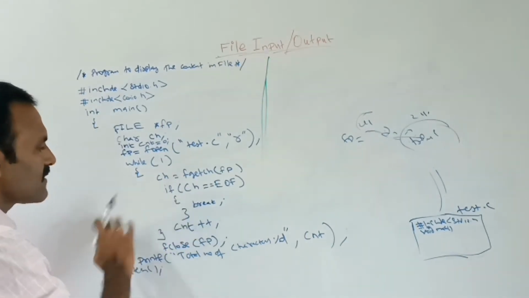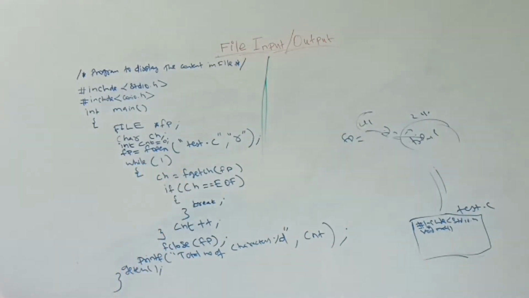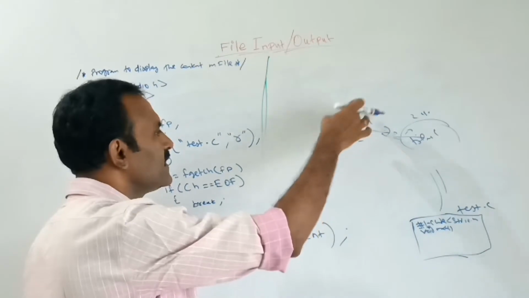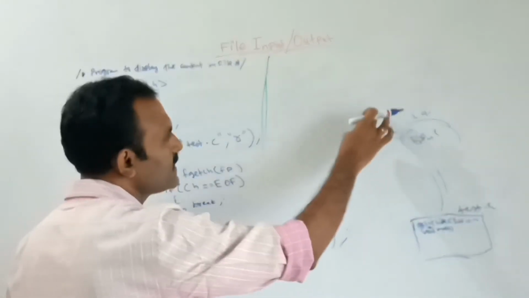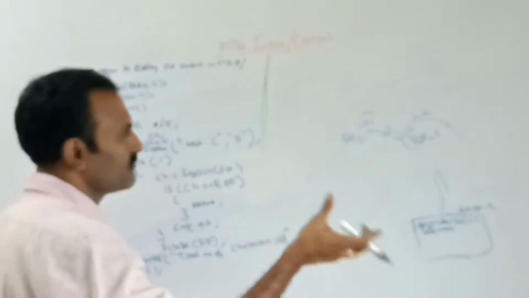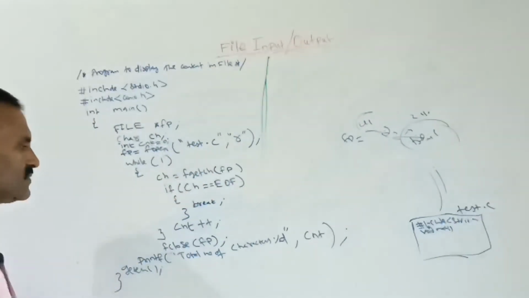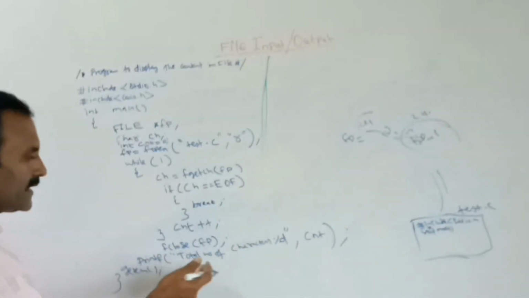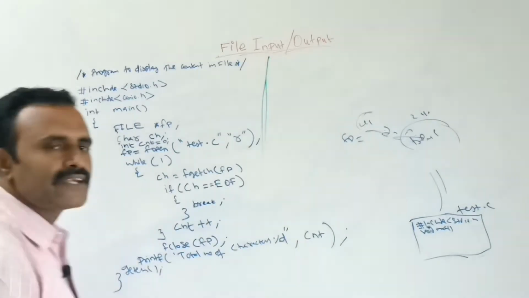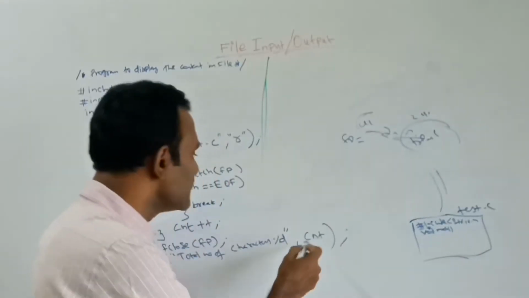Break means it will come outside of this while loop. At the 25th iteration, this ch value will be EOF, so it comes outside. So finally, what is the value? 24 is in the cnt. After closing the file, I am telling it to print the total number of characters, the value in the cnt.